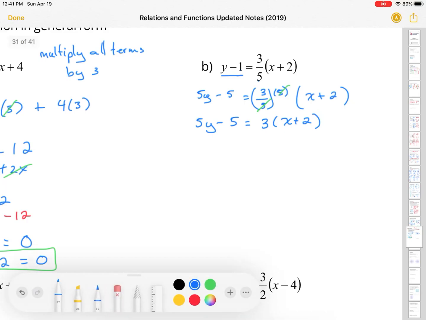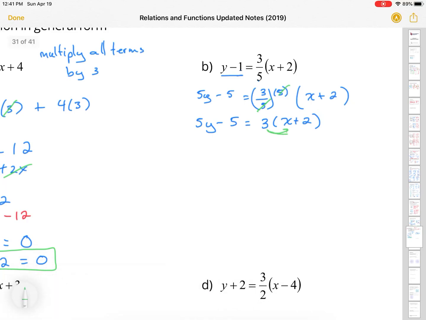Now I'm going to distribute this 3, multiply everything in the brackets by 3. So I get 5y minus 5 is equal to 3x plus 6. Now I want to move everything over to one side. The 3 in front of the x is positive already, so we're going to leave it on that side because if we remember from our instructions, we want that whole number for a to be a positive number.